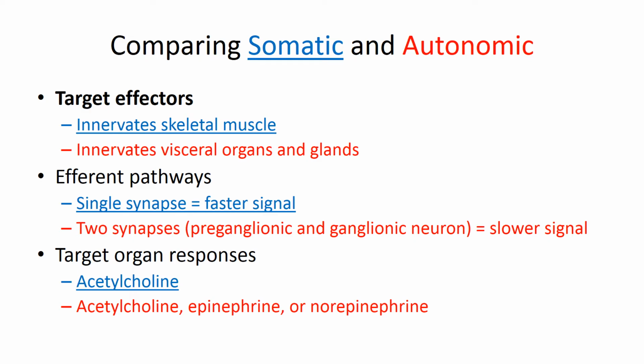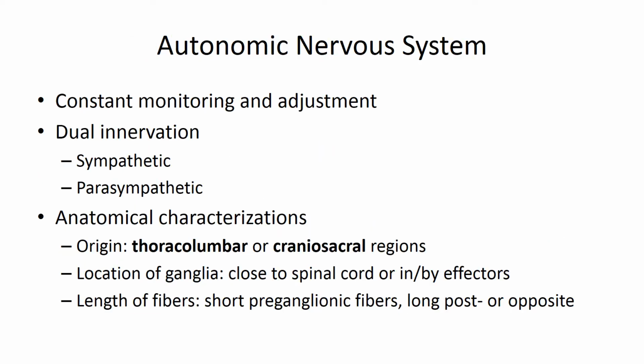Now, the autonomic nervous system, the effectors or target organs are cardiac muscle, smooth muscle, and glands. And you will see that the efferent pathways and ganglia, the motor unit of the autonomic nervous system, is a 2-neuron chain. And we will examine some of the characteristics of the 2-neuron chain.